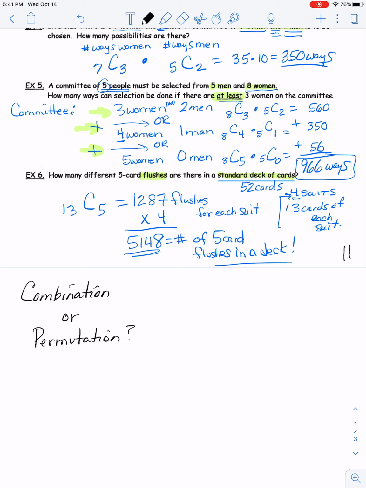When you get in your locker, does the order matter that you spin your lock, or does the order not matter? Hopefully you're thinking, oh, the order matters. Somebody gave me a 3-number code. That's how I get in my locker. Well, if that order matters when you put first number, second number, third number, you have a locker permutation.